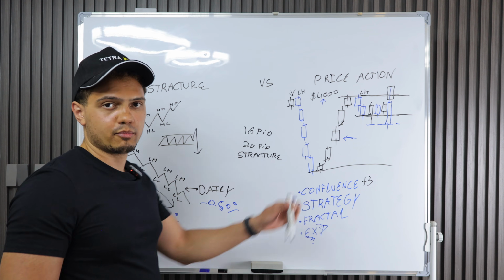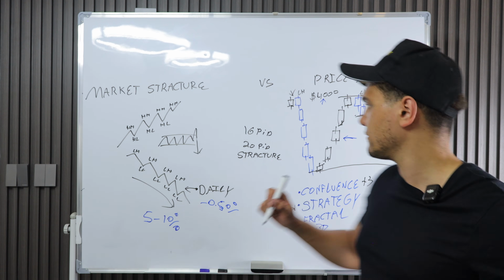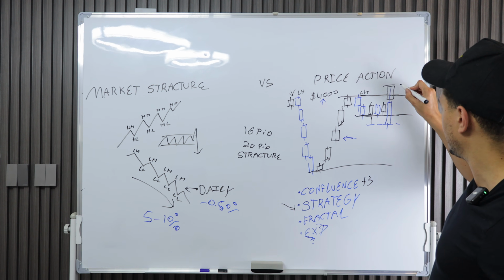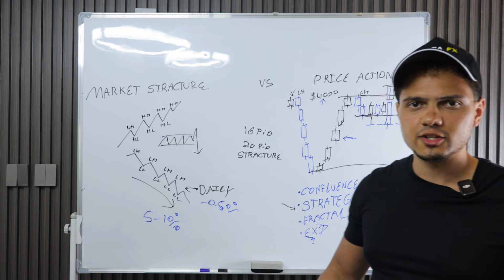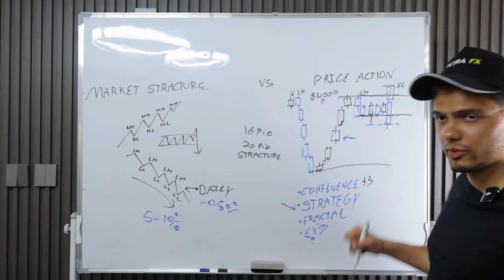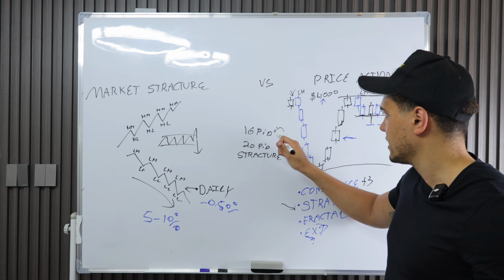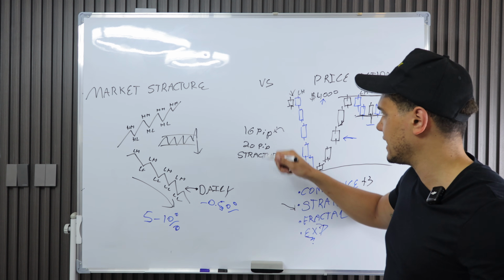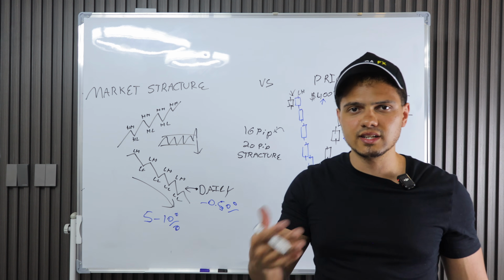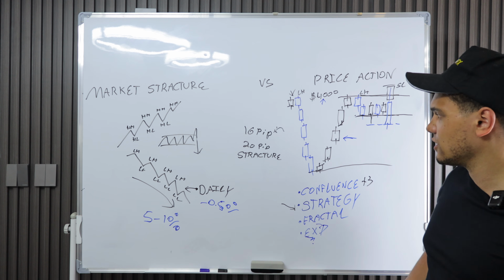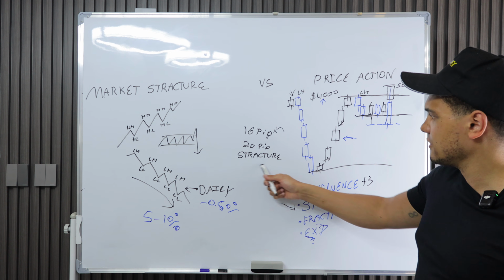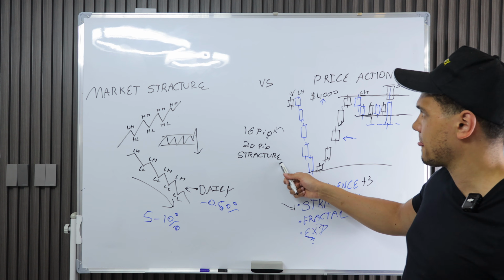That means we can put our stop loss above this area, that liquidity grab right over there, because we can say it's the safest stop loss. Sometimes price can wick up and then wick down, taking you out at 16 pips. But 16 pips is pretty good for me. I like 16 pips if I'm conservative and I see there's volume in the market. 20 pips is also not too bad, but if you want to be super safe, you want to be waiting for structure, right?